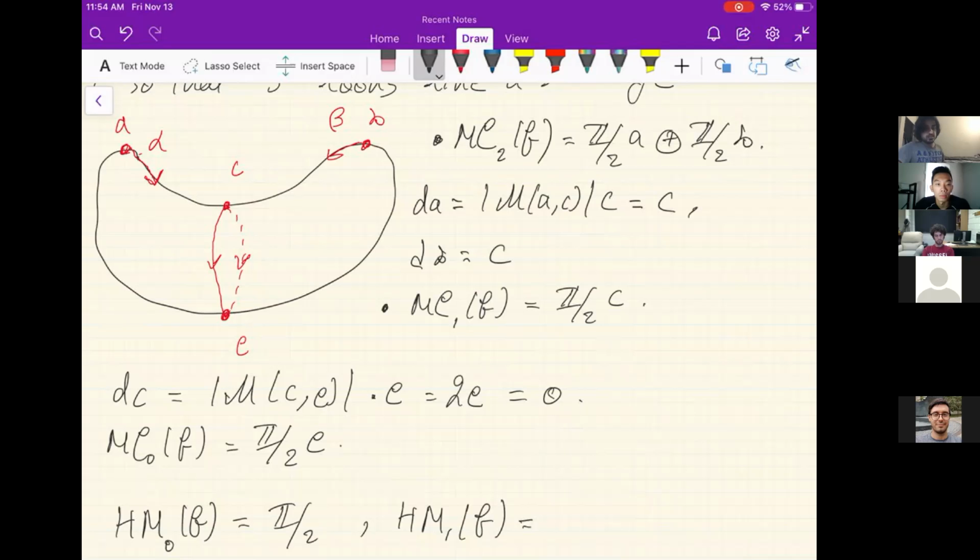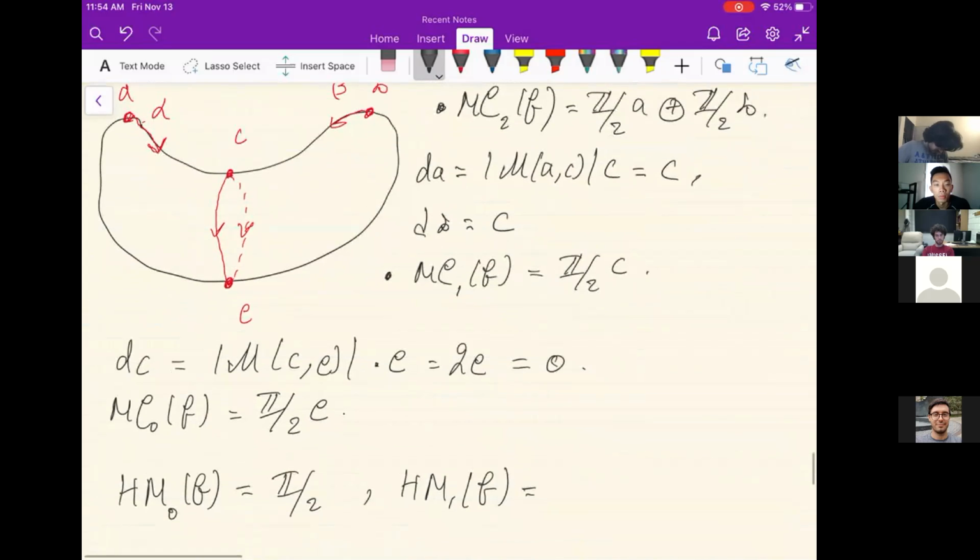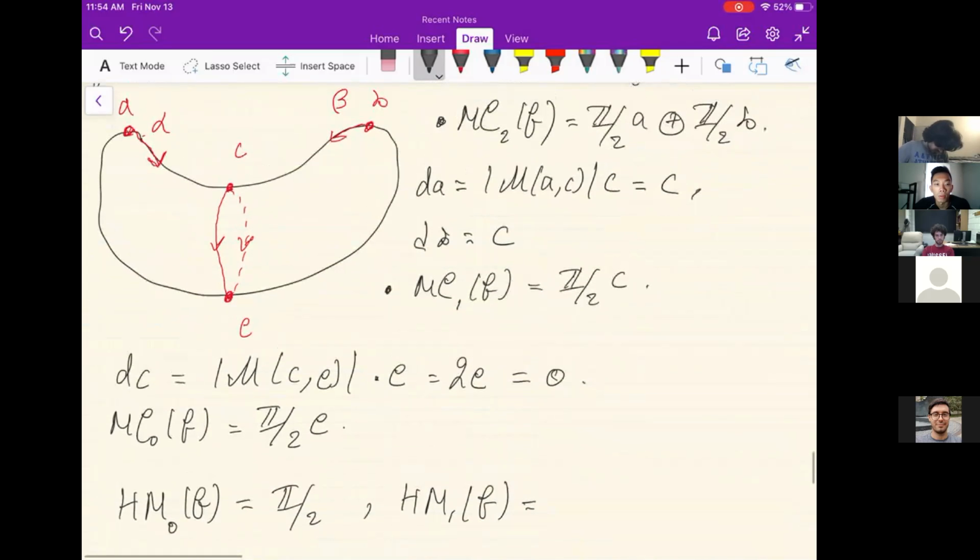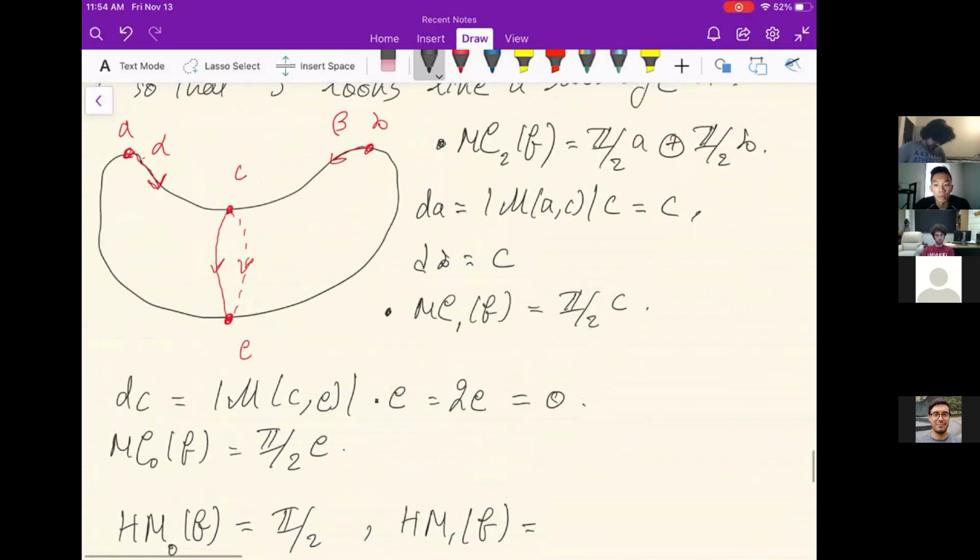Ah, okay. But what you're saying is actually also used when you want to show that d squared is 0. You use this and you prove you actually have a two-cell. But I will not say anything about this at this moment. Okay, thank you. You're welcome.